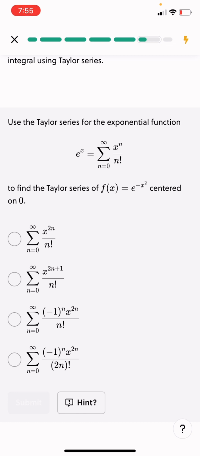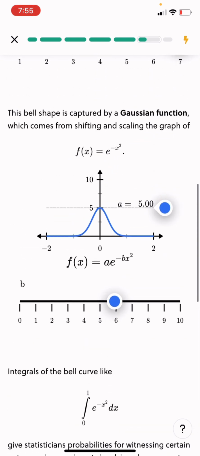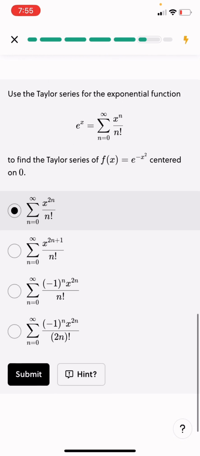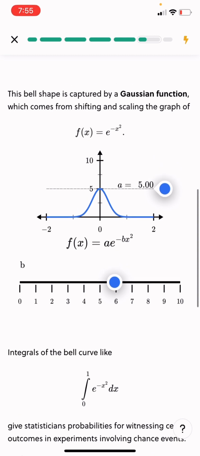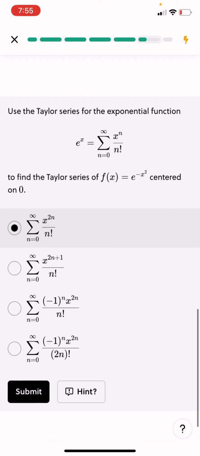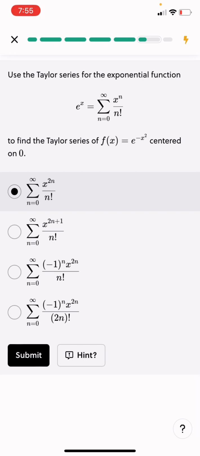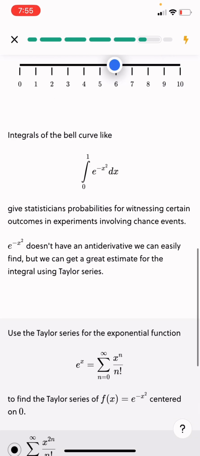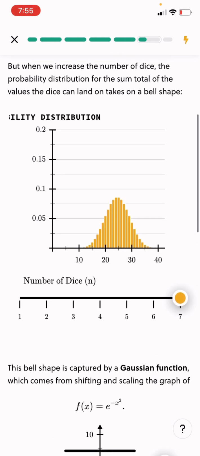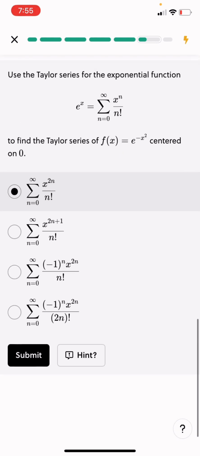So it would be centered on 0, which seems pretty relevant. So this probably wouldn't make much sense. I don't think it would. It just doesn't seem right. So the function f(x) would equal e^(-x^2). So it may involve some addition. Maybe it will involve plus 2n, or plus 1.